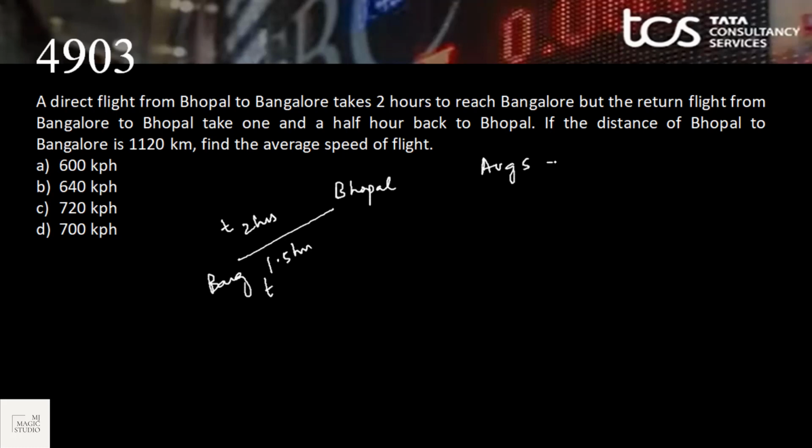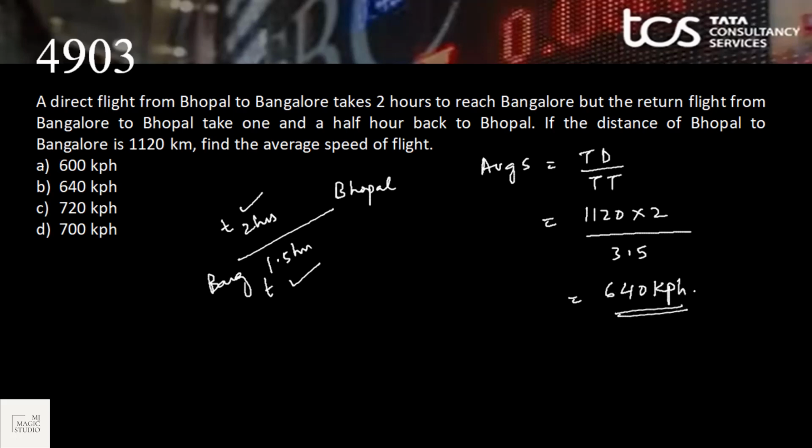You know that average speed is total distance traveled divided by total time taken. Total distance traveled by the flight is 1120 into 2, because the distance between Bhopal and Bangalore is 1120, which has been traveled twice, divided by total time taken. Total time taken is 2 hours and 1.5 hours, that is 3.5 hours. So we can use a calculator, and 1120 into 2 by 3.5 will be 640 km per hour, the average speed.